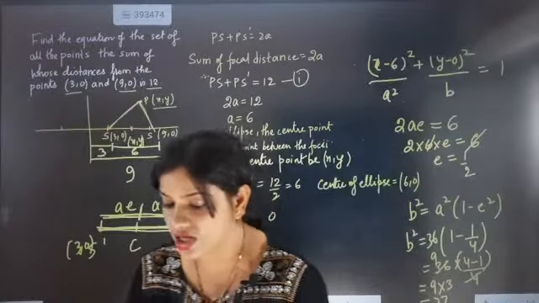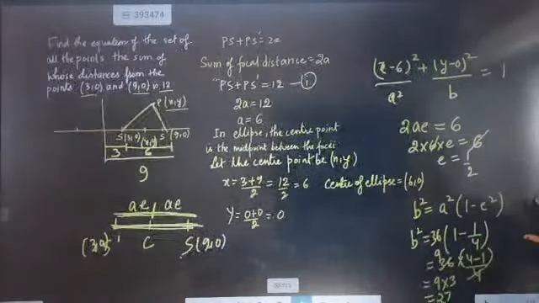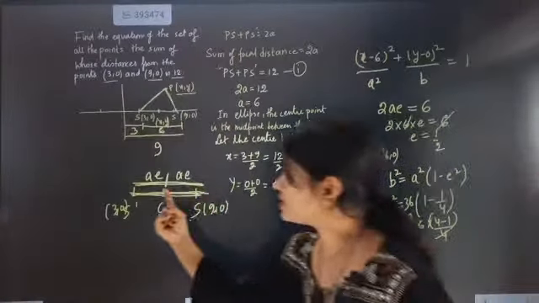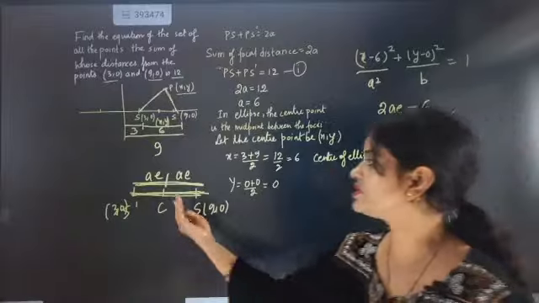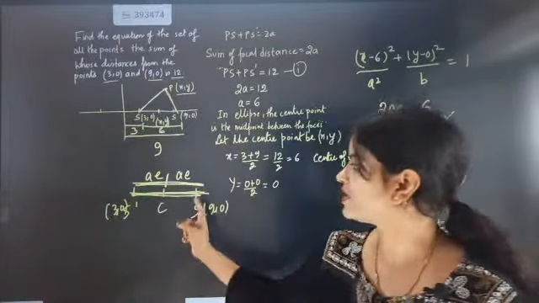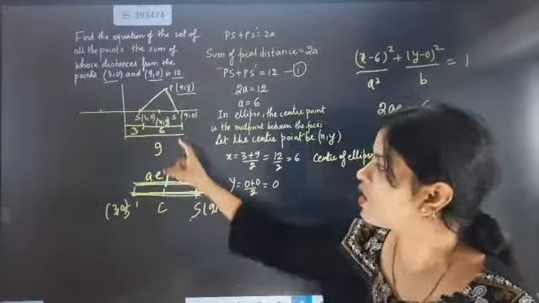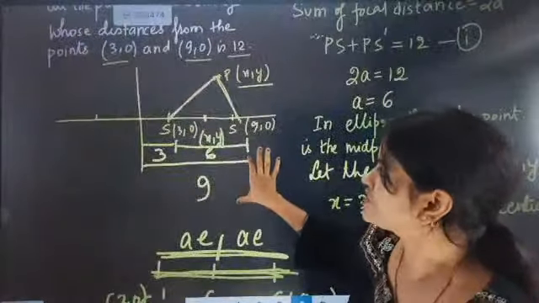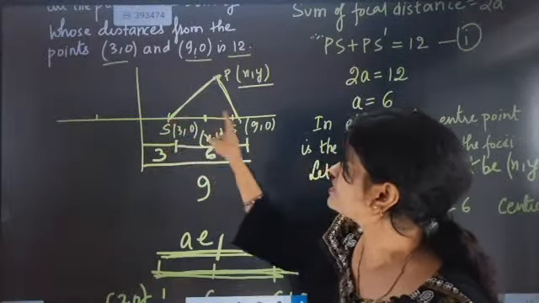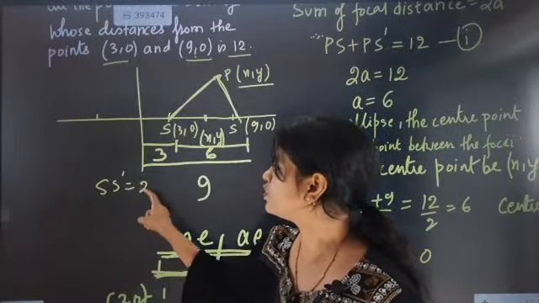Okay, Pooja understood now? This is a very, very critical point, beta. Please kindly focus on this point. The focal distance, meaning the distance between the center and the focus, is AE. This is also AE. So beta, these two distances together will become 2AE. But how are we going to get that 2AE? Check very nicely. This SS dash is equal to 2AE.